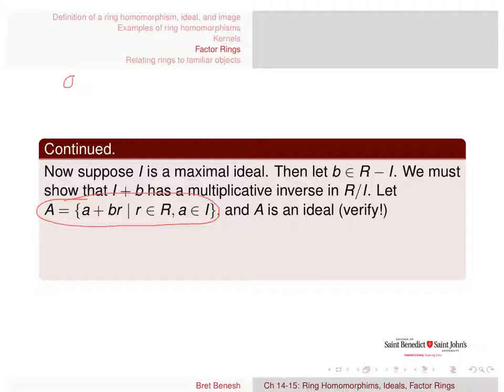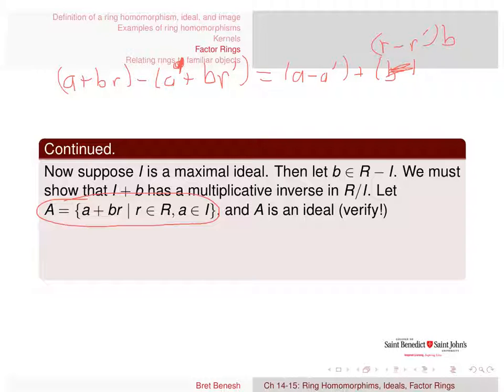Well, if you subtract two elements, a plus br minus a prime plus br prime, you're going to get, if you do a little rearrangement, a minus a prime plus, sorry, I did this wrong, r minus r prime times b.